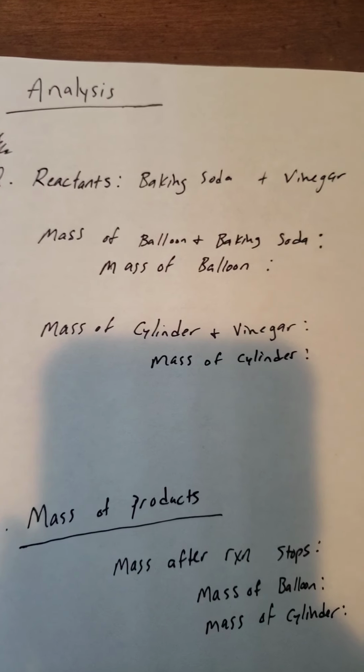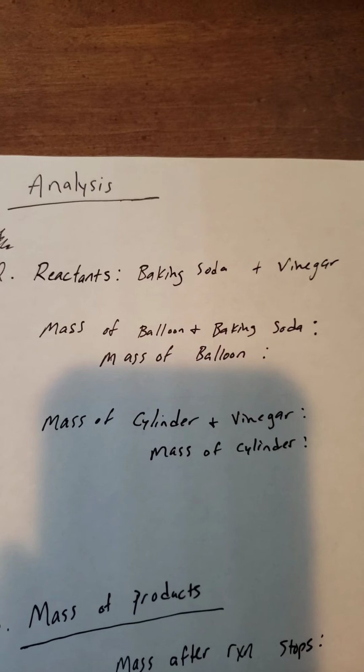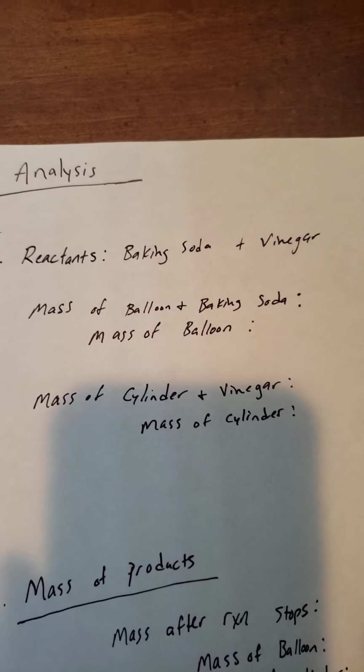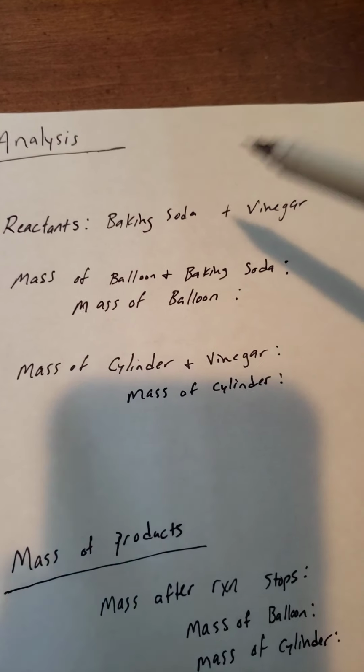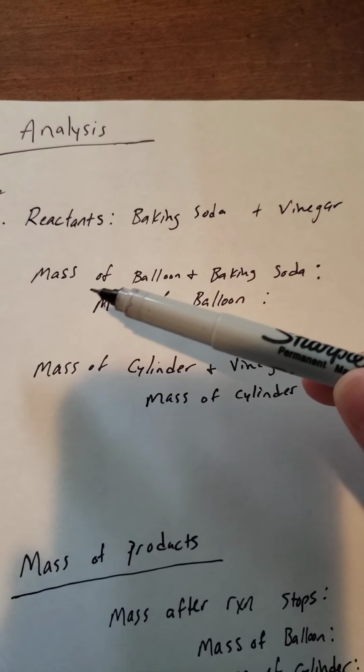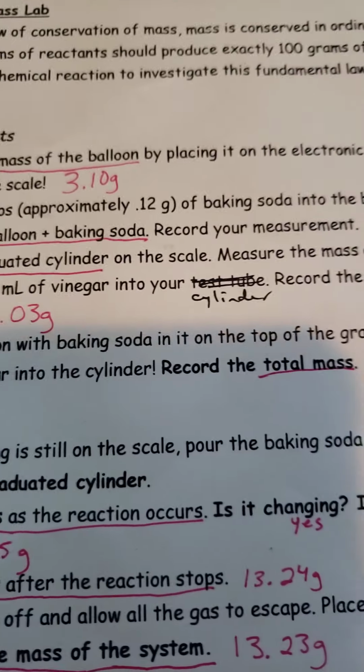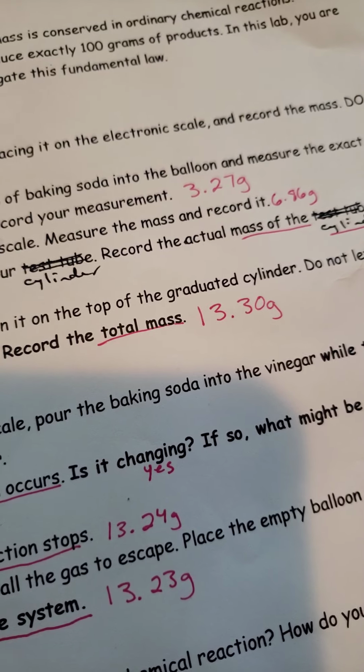All right, so the reactants are your baking soda and vinegar. To find the mass of the baking soda alone, we're going to take the mass of the balloon plus the baking soda. That was found in step 2. That was our 3.27 grams.